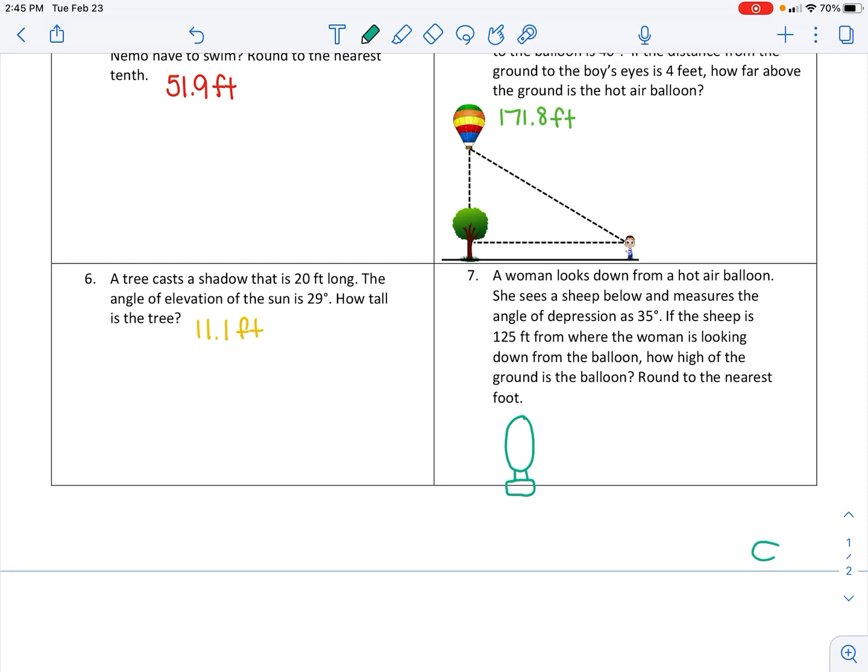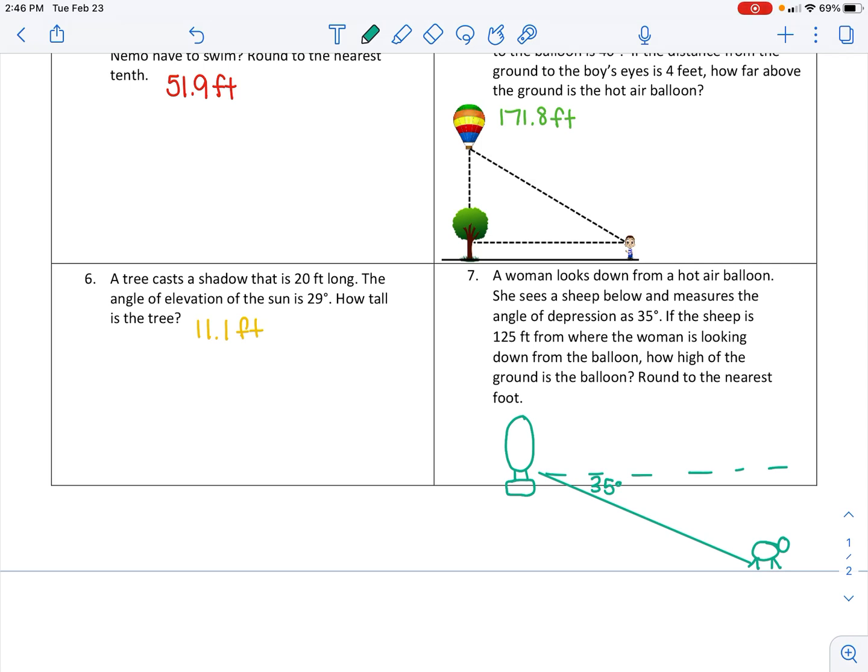Oh goodness. Let's just draw a stick sheep. Okay, so she sees a sheep below and measures the angle of depression as 35 degrees. So if she's in her hot air balloon, she's looking out, and all of a sudden she looks down to see this sheep. So that's going to be a 35-degree angle of depression.